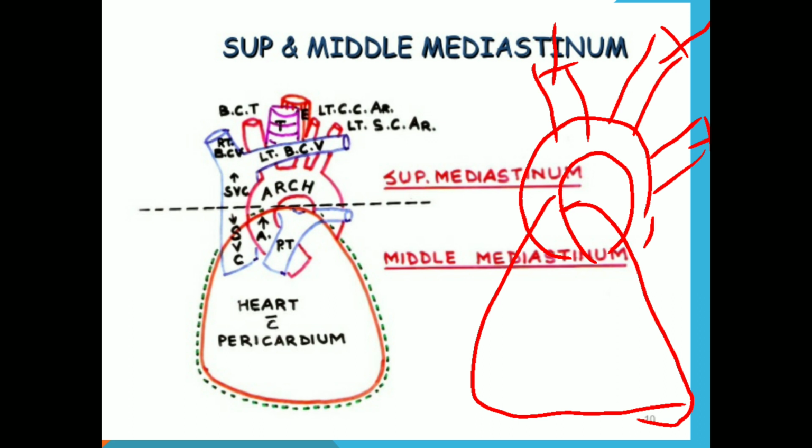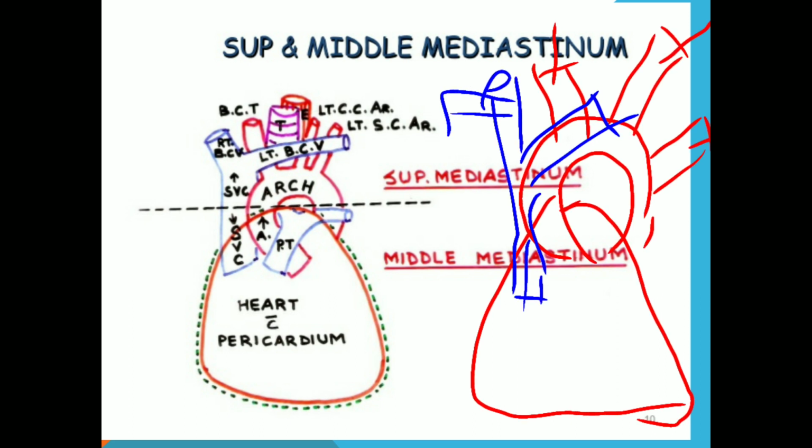Next you can see the blue color there. Remember the color: blue is always the vein. This is a vein you are looking at. This is the superior vena cava and this is the inferior vena cava. This part is the heart.